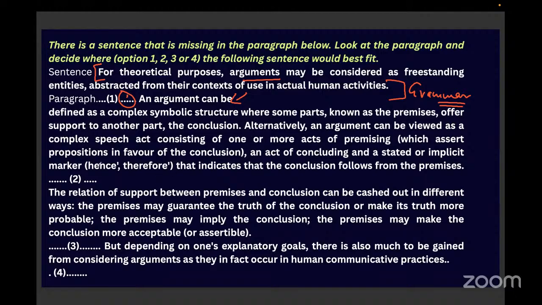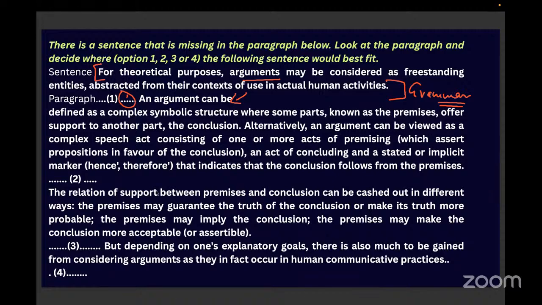Can I see whether this sentence can be put in the blank two? I compare the option. For theoretical purposes, arguments may be considered as freestanding entities abstracted from the context of use in actual human activities. Okay.